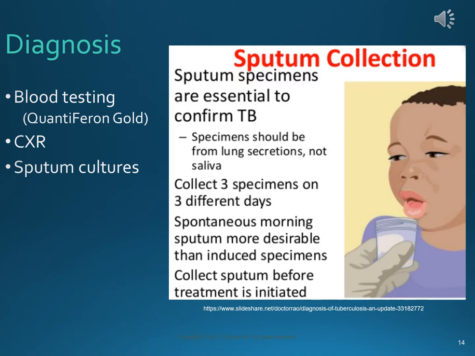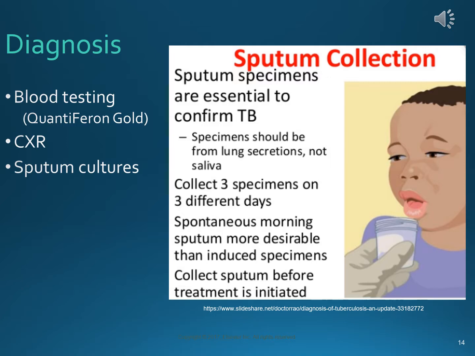So if you've had BCG and you have a positive skin test, having this blood drawn will show that your antibodies are indeed from your vaccine and not from a TB infection.